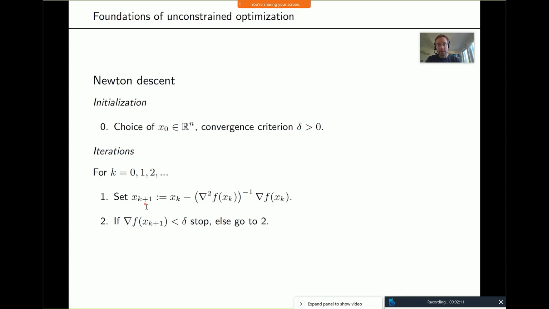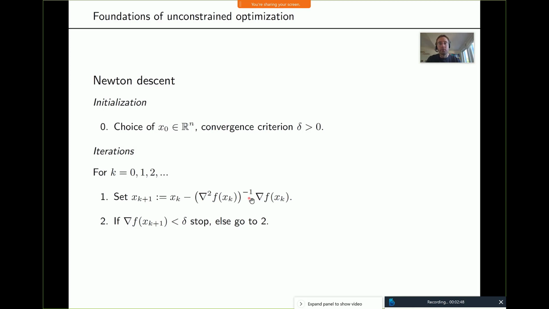So what do we have? We have the iterand at iteration k plus 1. The value of the parameter at k plus 1 is computed by taking the value of the iterand at xk, and then you subtract from it the gradient, but in this case you multiply the gradient with the inverse of the Hessian matrix at location xk. As you can also see, there is no learning parameter here.